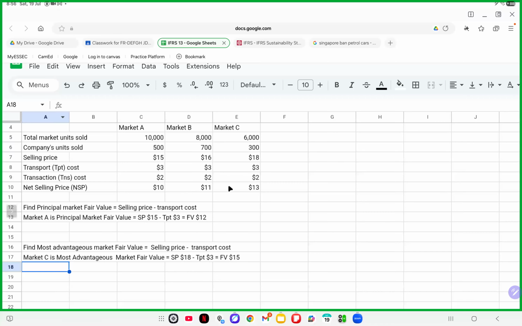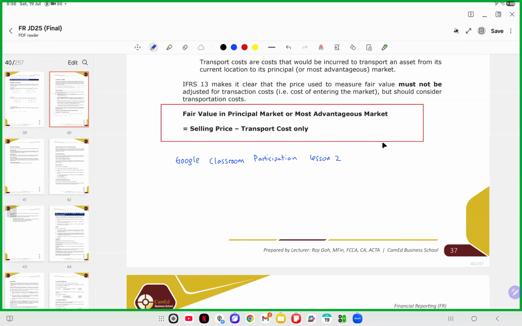Look at the screen. I have $13, I got $15. So which one do I take? I go back to my lecture notes. In my notes, the red color box is the way I find fair value. I don't care if it's the principal market or the most advantageous market. Fair value only minuses the transport cost. Only the transport cost.